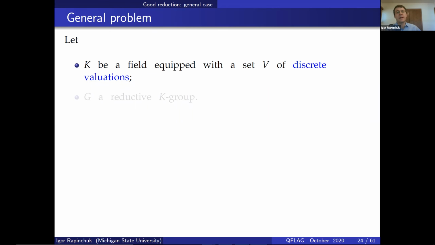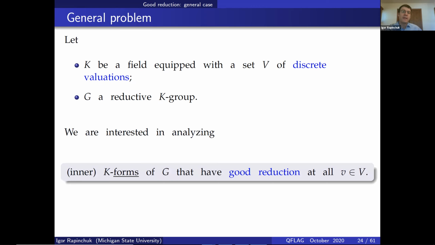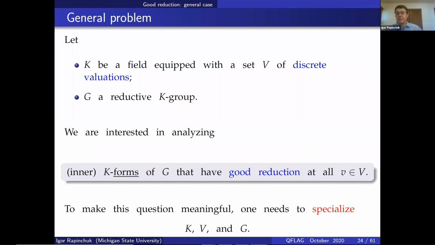Suppose we have a field K equipped with a set V of discrete valuations, and we have a reductive algebraic group G defined over K. Then what we would like to understand are the K-forms, or even just the inner K-forms, of G that have good reduction at all v in V. Of course, this is a very general problem, and in order to make this more meaningful and somewhat tractable, it's a good idea to specialize the field K, the set of discrete valuations V, and possibly the group G.